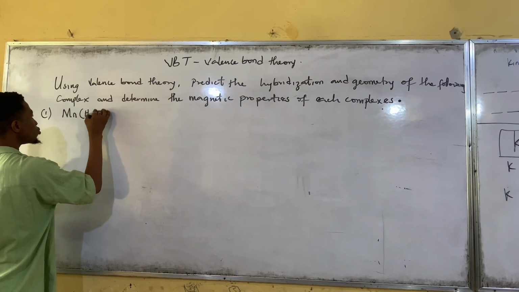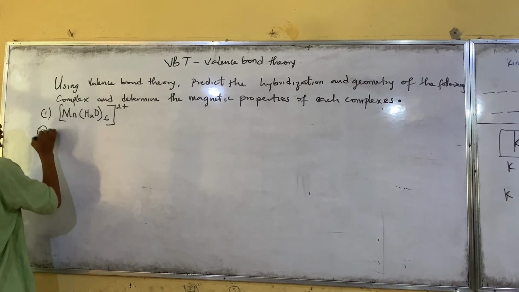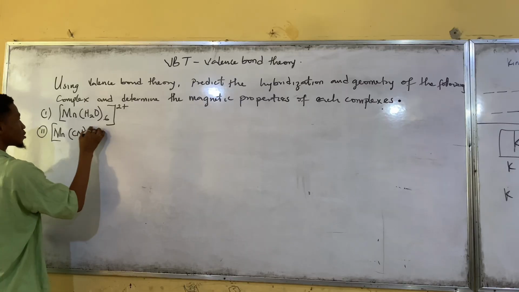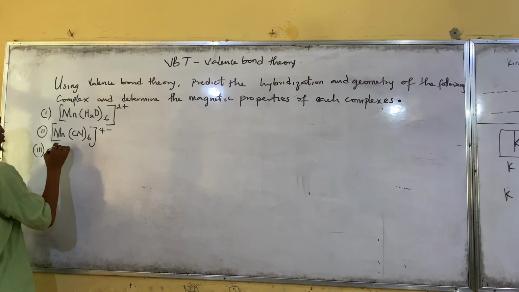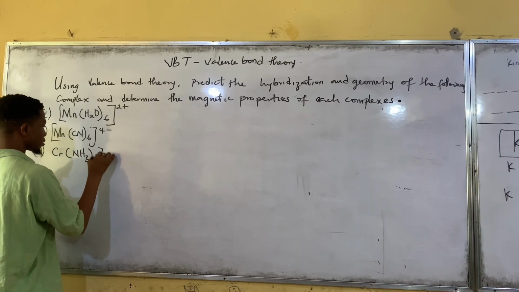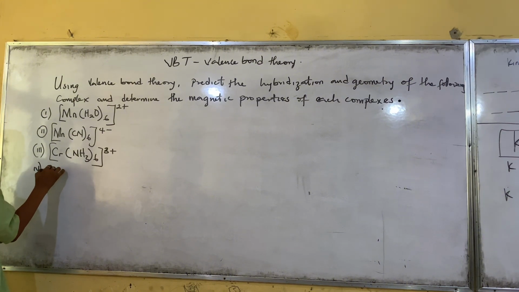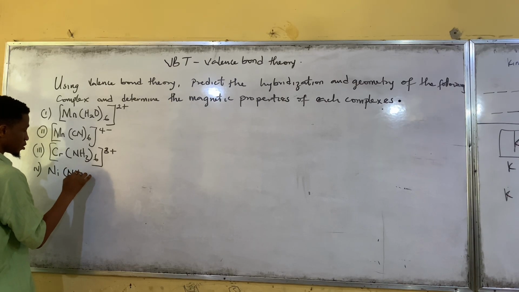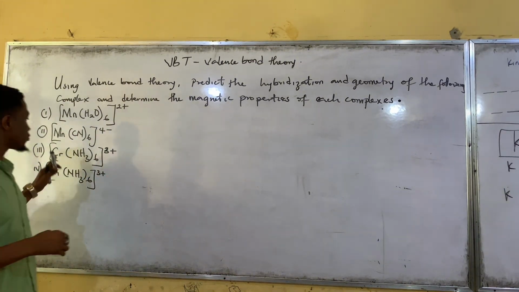Mn(H2O)6 2+, Mn(CN)6 4-, Cr(NH3)6 3+, then Ni(NH3)6 3+. So I'll try my best to solve for all of them, and I'll now give you fresh questions that you solve.